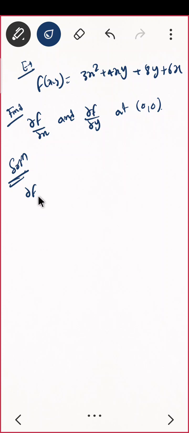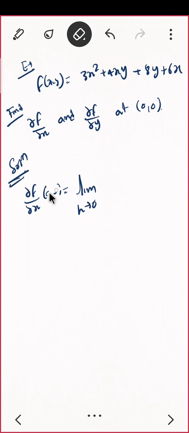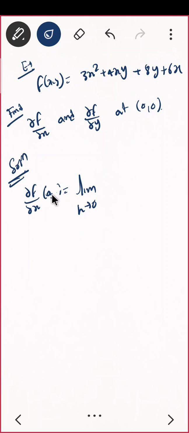So you know what the formula of this is? What will the formula of dou f by dou x at 0 0 be? Limit h tending to 0. Where will the increment be? If you don't want to write at 0 0 now, I'll write at e1 e2 first, where my e1 e2 is here 0 0.